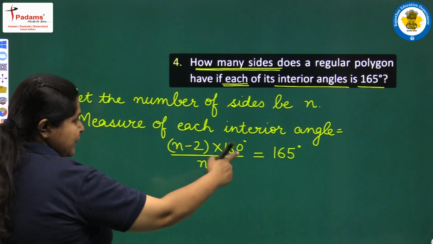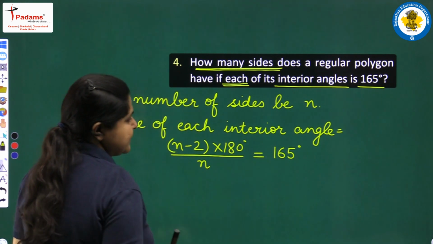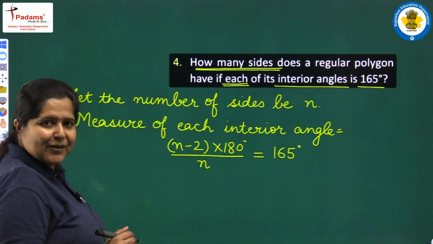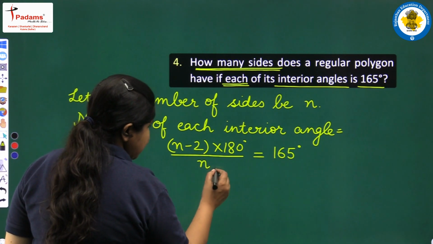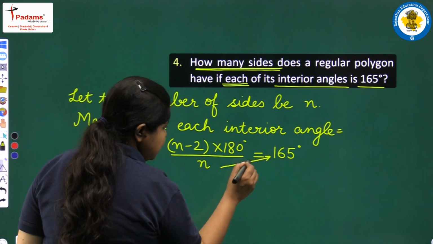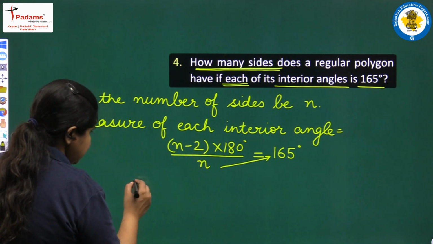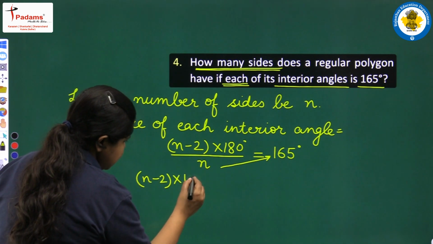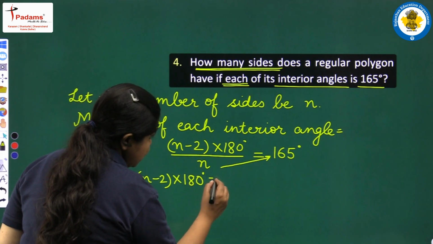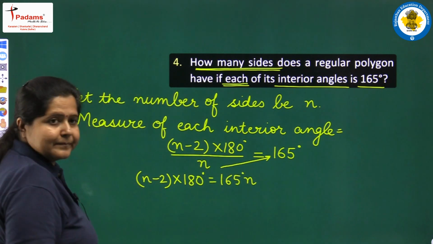This is the measure of each interior angle, and this has been given equal to 165 degrees. So, they both will be equal. Now, we will solve it. This n is in the denominator and it will move to multiplication on going to the RHS. So, we can write (n minus 2) into 180 degrees is equal to 165 degrees n.